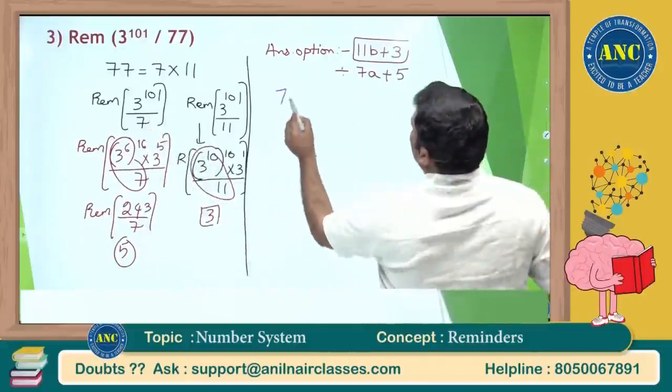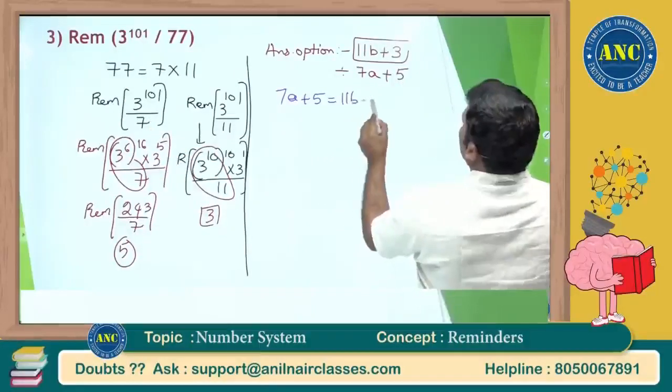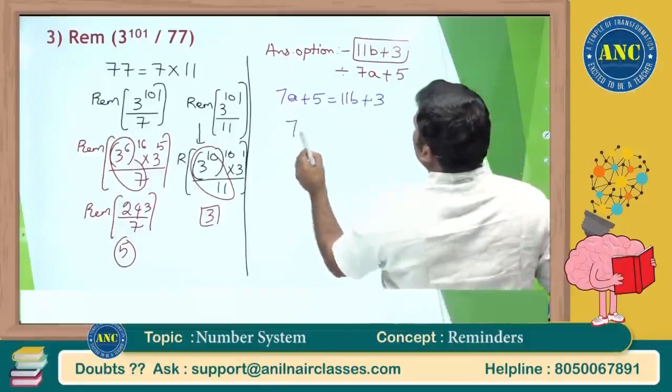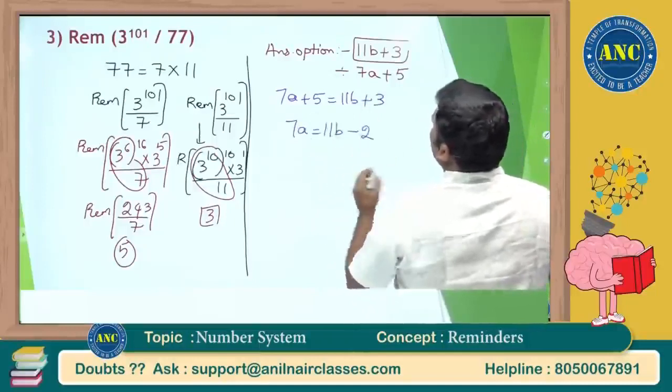Let us first equate it, then we will check. 7a plus 5 equals 11b plus 3. So 7a equals 11b plus 3 minus 5, minus 2.